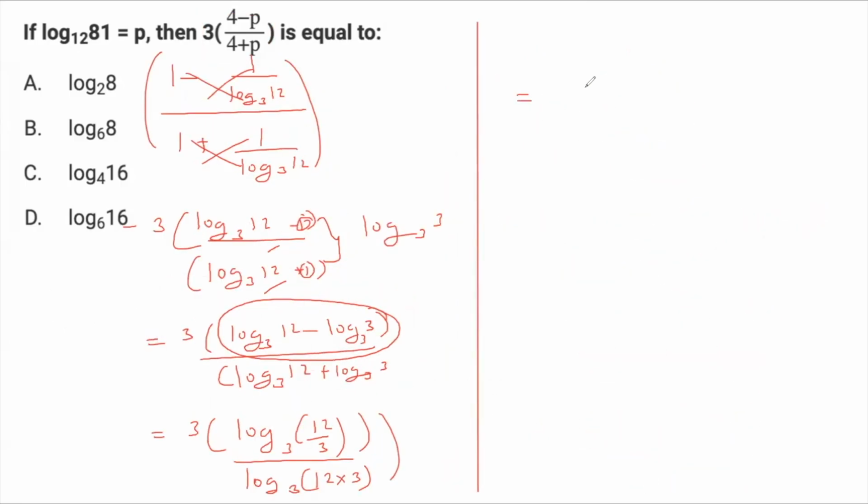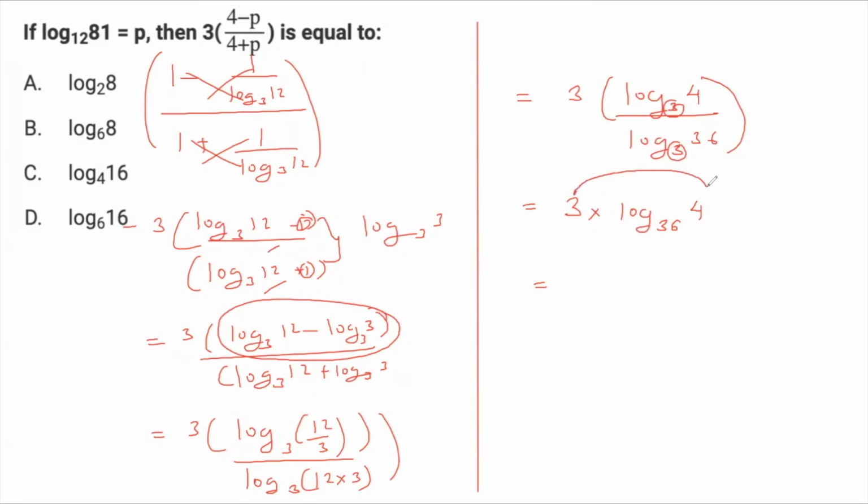So the expression now becomes thrice of log 4 to the base 3 divided by log of 36 to the base 3. Now we have the common base 3 here. So finally I can write this as 3 into log of 4 to the base 36. The 3 can be taken above.